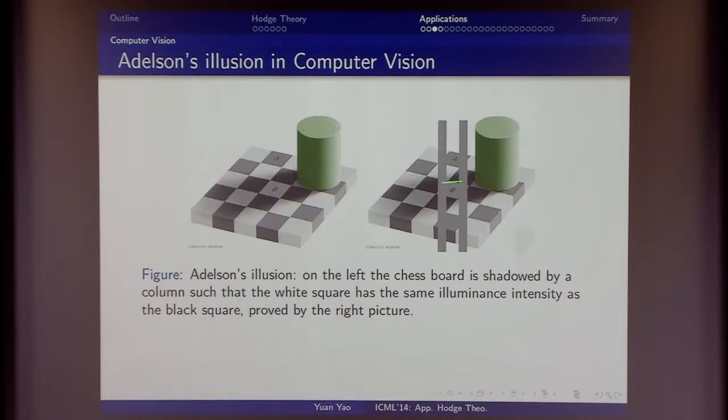Another application from computer vision is an example called Adelson's illusion. For example, if you put a column on a chessboard, and the column casts some shade on the board, there are basically two colors, white and black. But under the shading, the absolute intensity inside the shade makes the white part look like the black part outside of the shade.